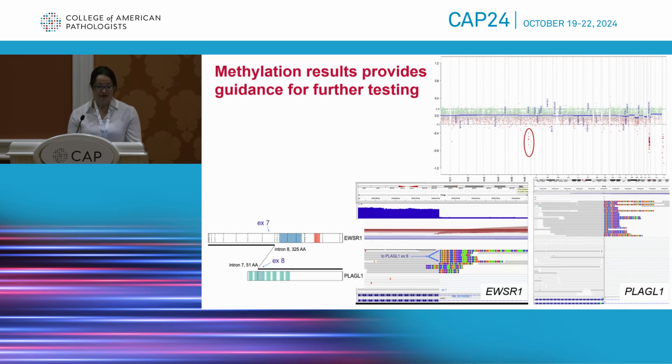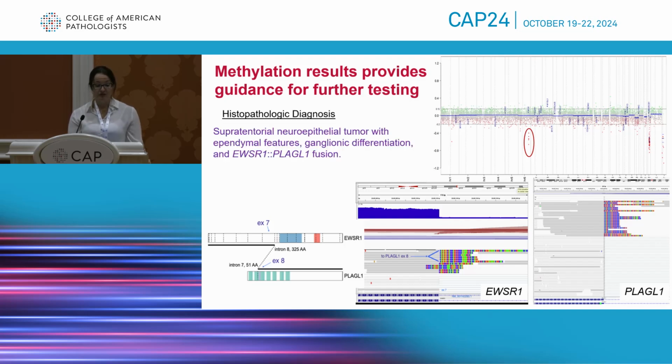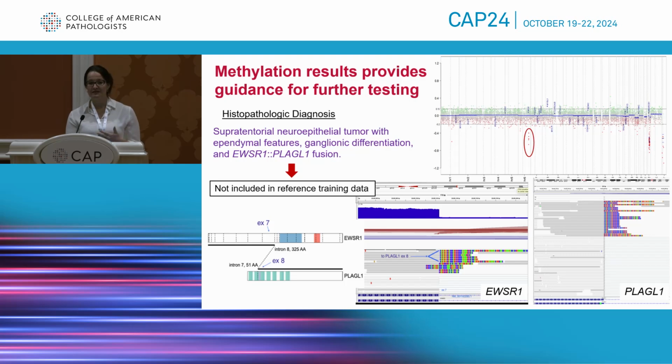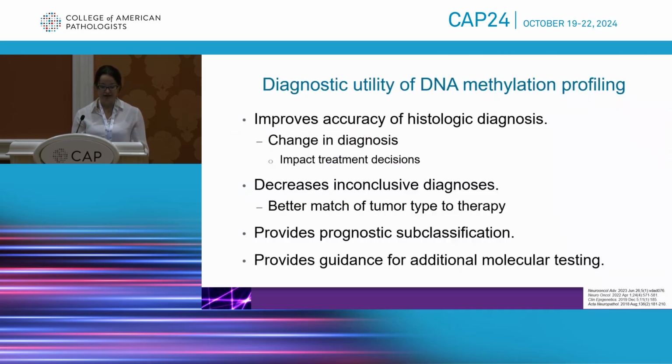So that drove us to do whole transcriptome sequencing, which identified the NWSR1-PLAGL1 fusion, which not only helped refine the diagnosis, which is less descriptive, but also helped us understand why the tumor wasn't classified, because this is a new tumor entity that wasn't in the reference series that was used to train the classifier. So that's one of the limitations of a supervised method. If you don't have that in your series, you won't be able to identify it.